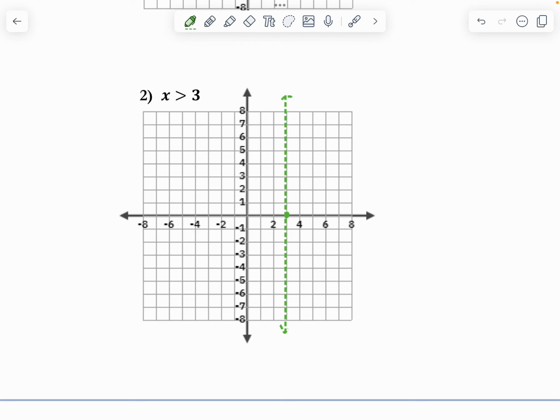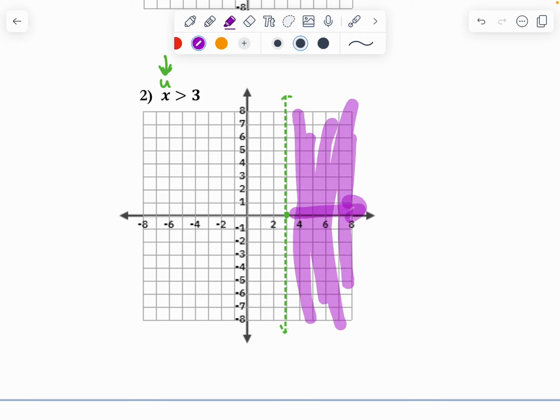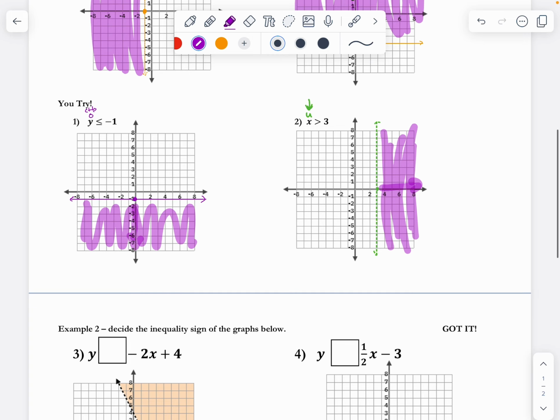Because I do know that this is x, so it's a vertical line. Now, x is greater than 3. Where is x greater than 3? Well, 4, 5, 6, 7, all of these. So anything to my right. And that's it. Super easy, barely an inconvenience.